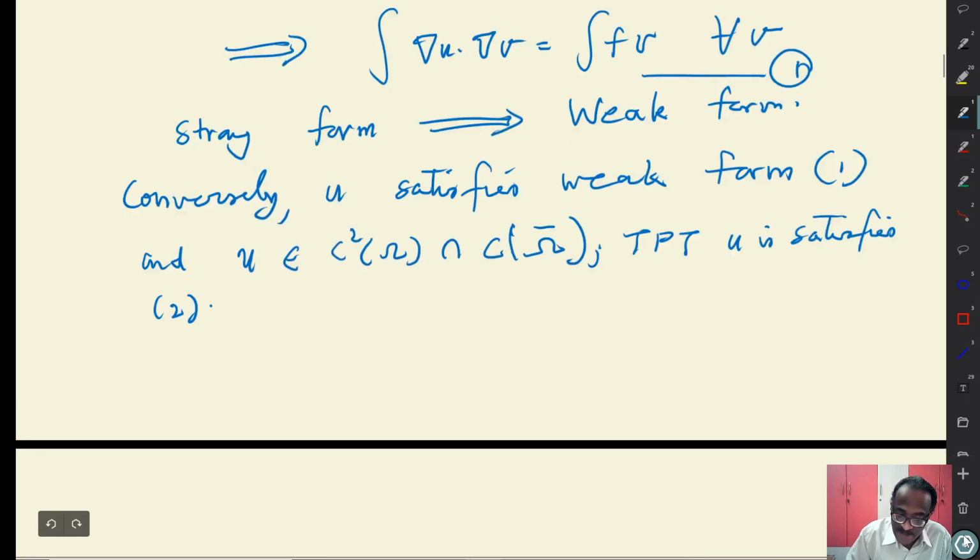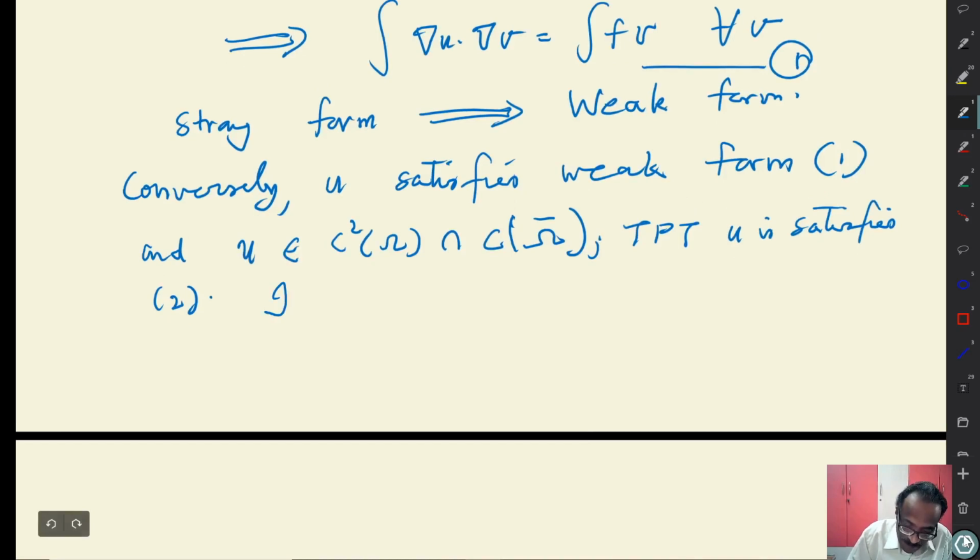So this is just integrating by parts. Because u is in C^2, you can integrate by parts.